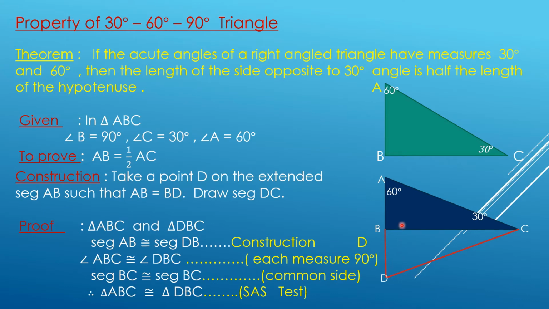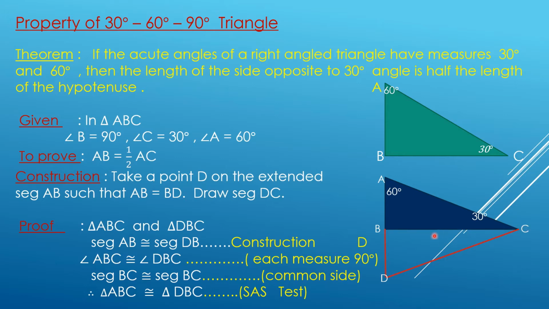First we have to consider the two triangles, that is triangle ABC and triangle DBC. Then first write what the congruent parts are. Segment AB is congruent to segment DB by the construction. Then angle ABC is congruent to angle DBC, each measuring 90 degrees. Then segment BC is congruent to segment BC, that is the common side.